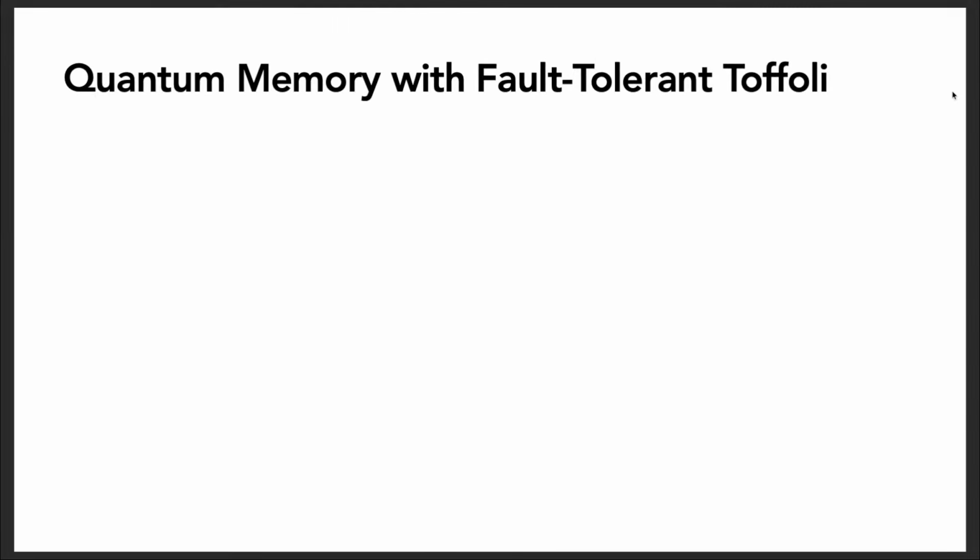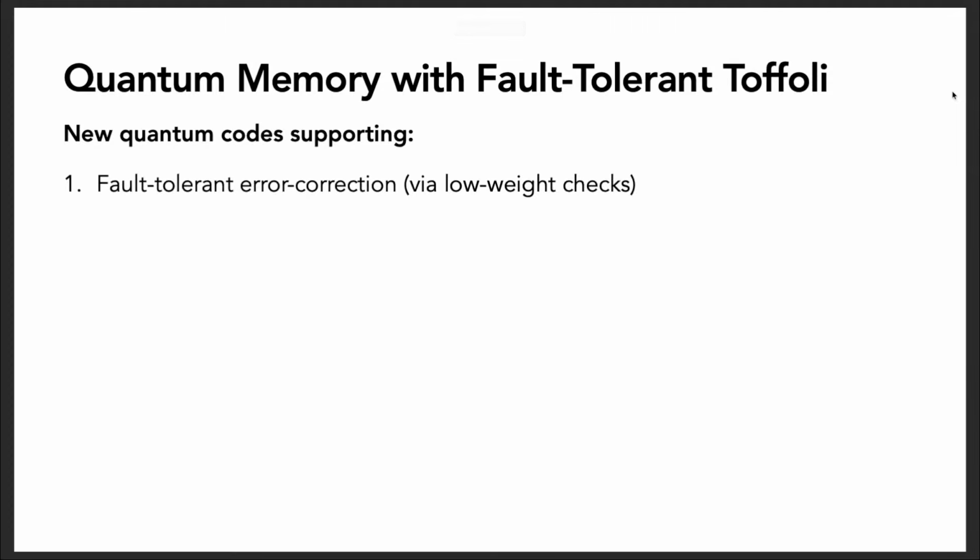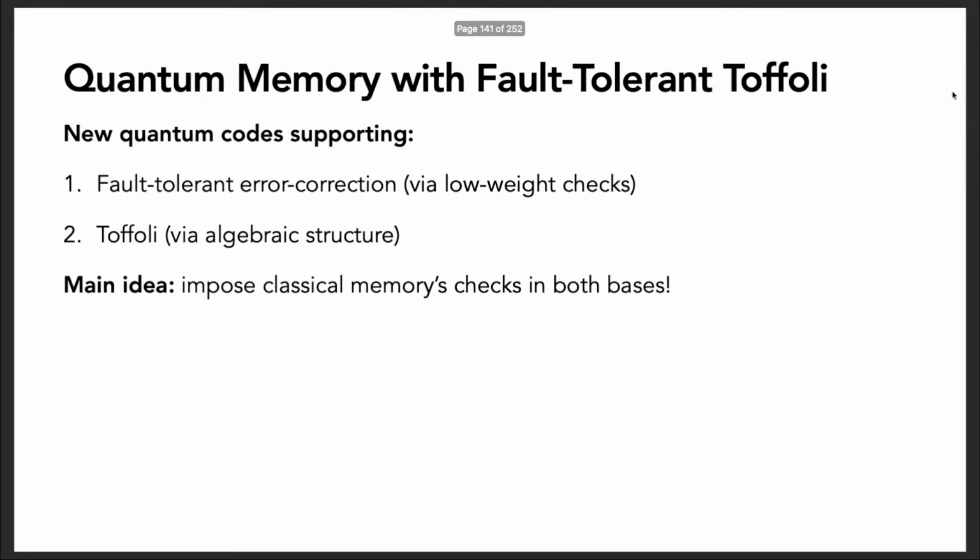Cool. So quantumly, we want to do the same thing. And basically, we're going to introduce some new quantum codes supporting both fault-tolerant error correction and fault-tolerant Toffoli. And what we're going to do here is kind of exactly what you're always taught not to do with constructing quantum codes with low-weight checks. We're just going to impose the classical low-weight checks in both the x and the z bases.